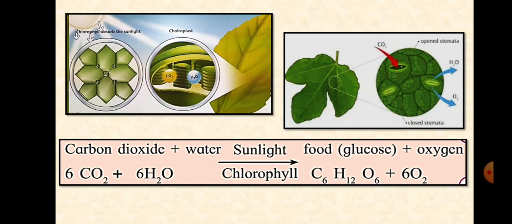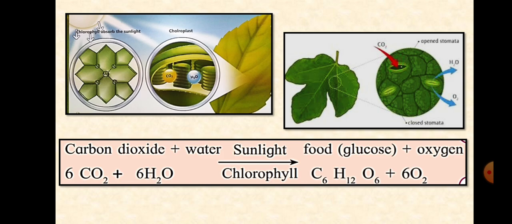Okay. Now the chloroplast you saw that are present in the leaves, this contains the chlorophyll. Who does the function of absorbing the sunlight? The chlorophyll. Okay, and in this whole process, students, oxygen is given out. Okay, and carbon dioxide and water are converted into food.